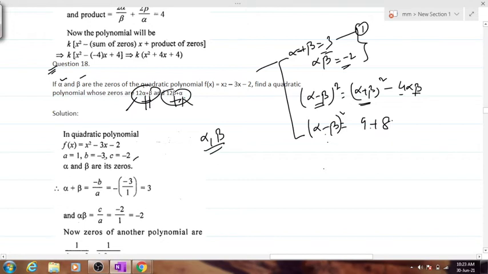Minus 2, minus 3, minus b by 8 is 3. How much is alpha minus beta? Root over 17, yes or no?